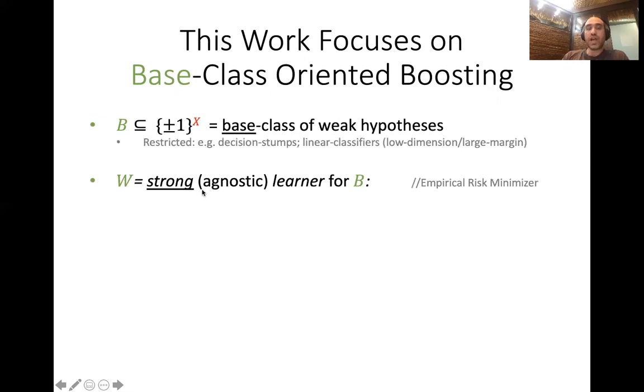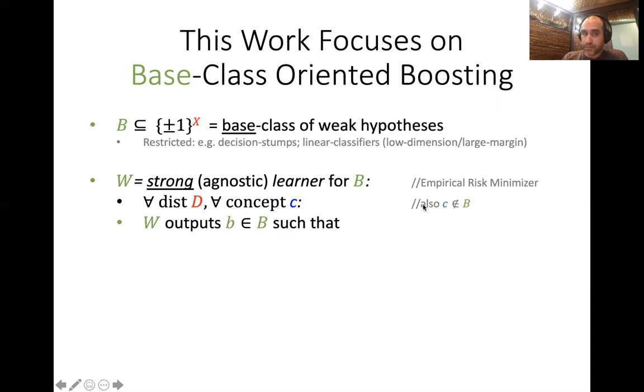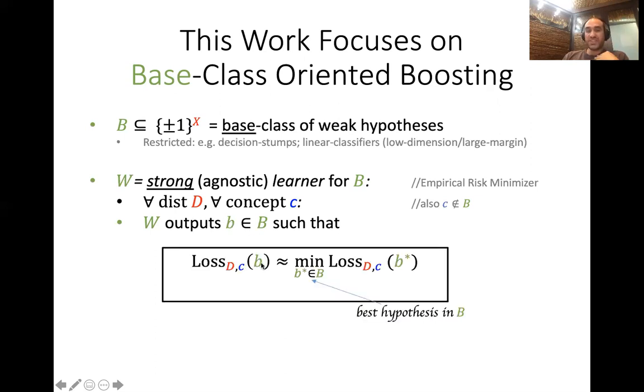And we assume that we have a weak learner which is a strong learner for the base class B. So it can be an empirical risk minimizer for B, right? So given any distribution D and any target concept C, which may be well outside B, our weak learner, which is a strong learner for B, will output a hypothesis which is the best approximation to the target concept inside the restricted class B.